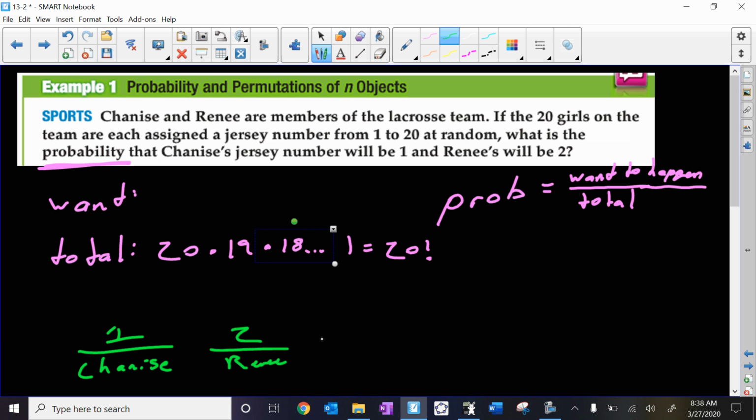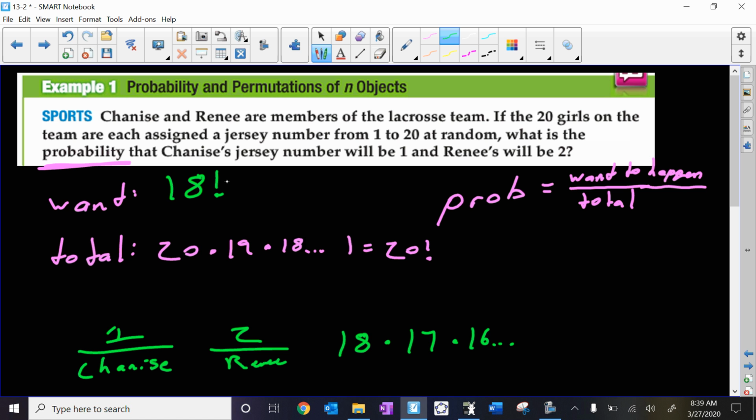There's only one outcome: Janice gets 1, Renee gets number 2. The third girl comes in, she has only 18 options to choose from. The fourth girl comes in, she has 17 options, and so on, all the way down to the value of 1. So want would be 18 factorial.